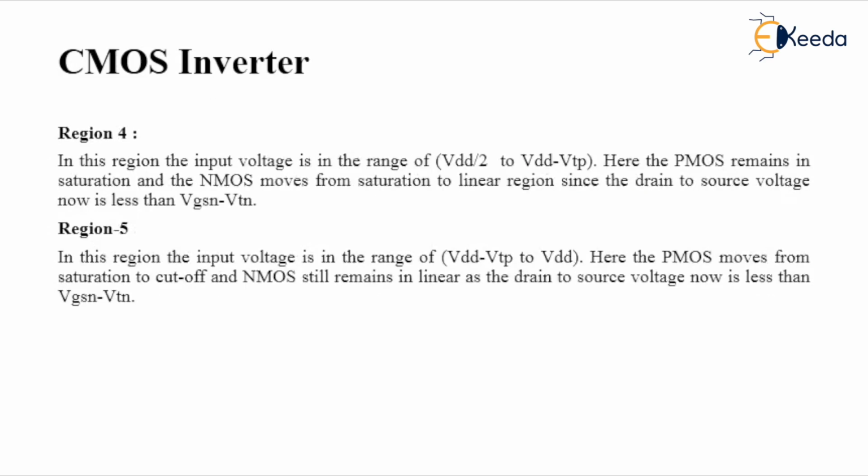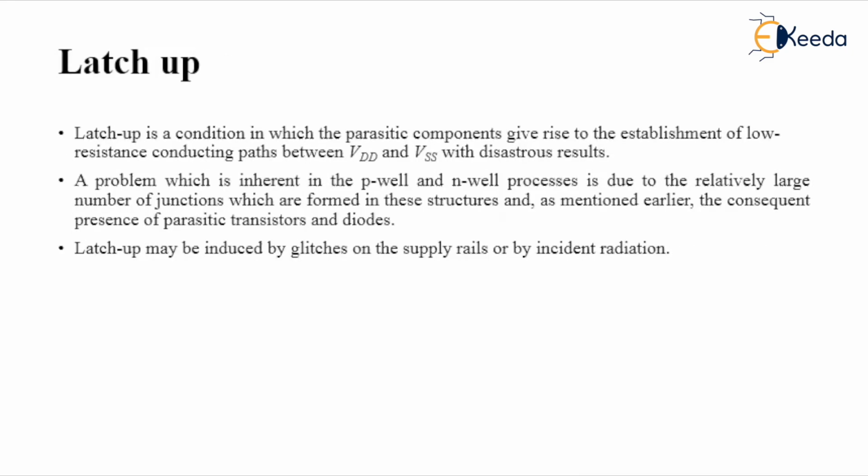Right, clear? Now there is one drawback in the CMOS inverter, which is latch up. This is also an important thing you have to remember. What is latch up? Latch up is a condition in which the parasitic components, meaning parasitic capacitance, as we discussed in gate capacitances or MOSFET capacitances.